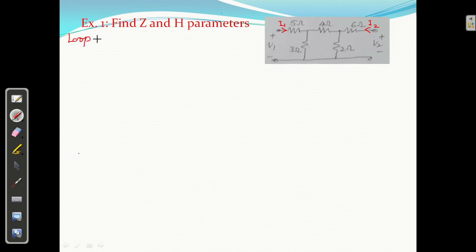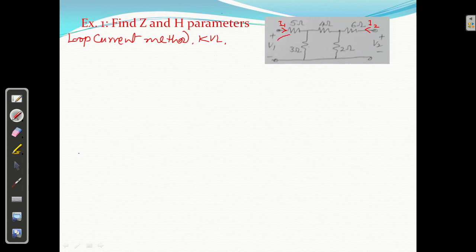I'm going to write some equations based on the loop current method, which is a modified version of KVL. In Maxwell's loop current method, in place of branch current we will take the loop current.